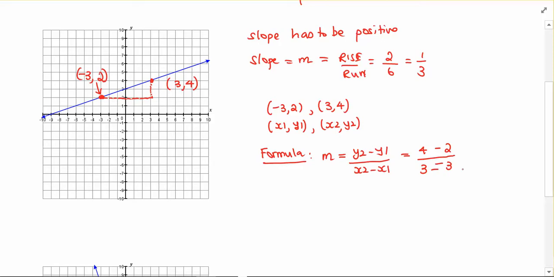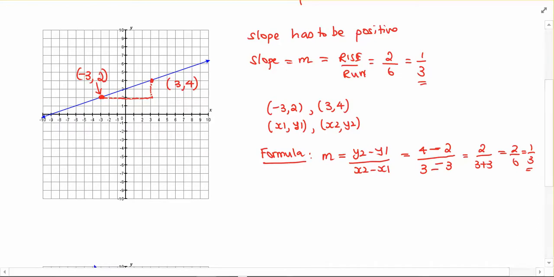Careful with this. It's always subtraction between them, and then the signs work themselves out. So it will be 2 in the numerator, and 3 minus a -3 is 3 plus 3, which is 2 over 6 or 1 over 3. So you can see that you get the same slope whether you counted blocks or whether you use the formula.